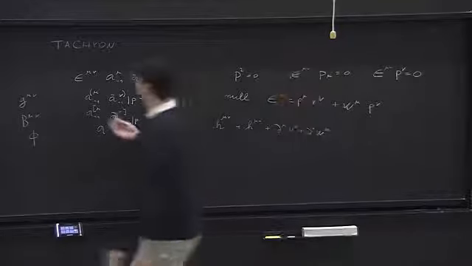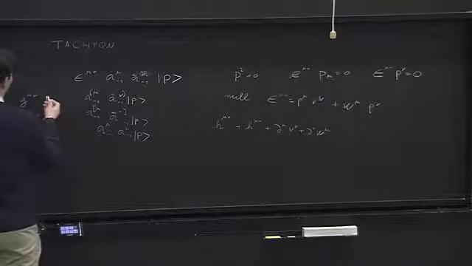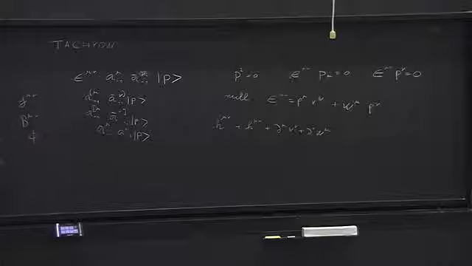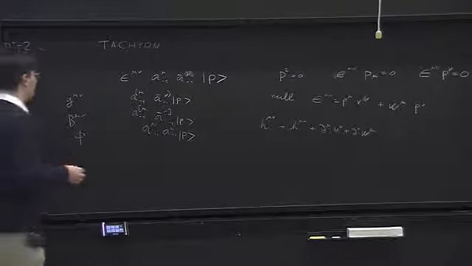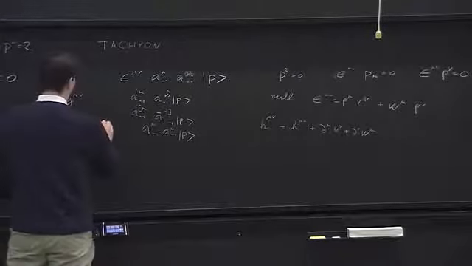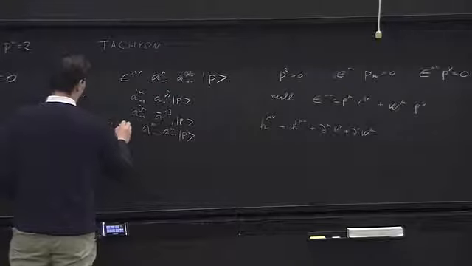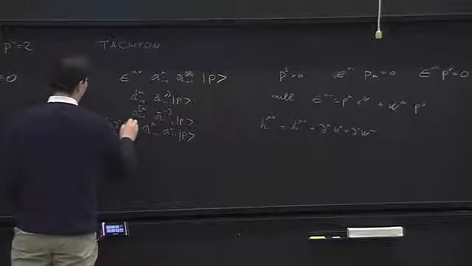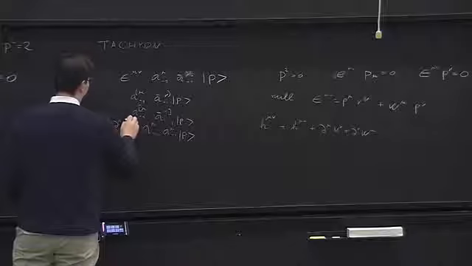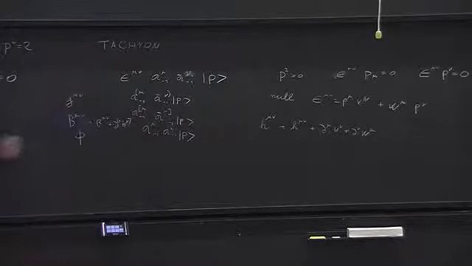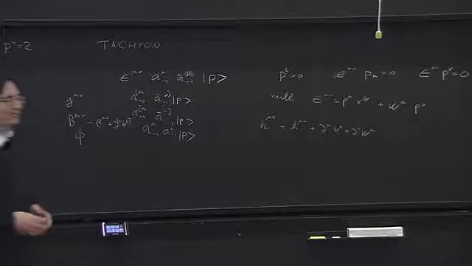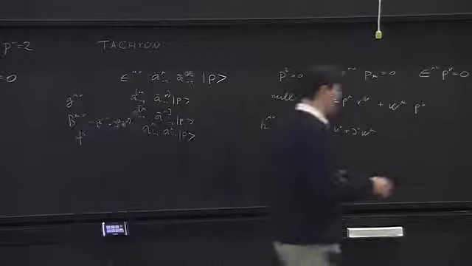So this metric has a gauge symmetry, which is a reparameterization of spacetime. And there is a gauge symmetry, which is something like this, sort of a two-form version of the standard gauge symmetry of a gauge field.